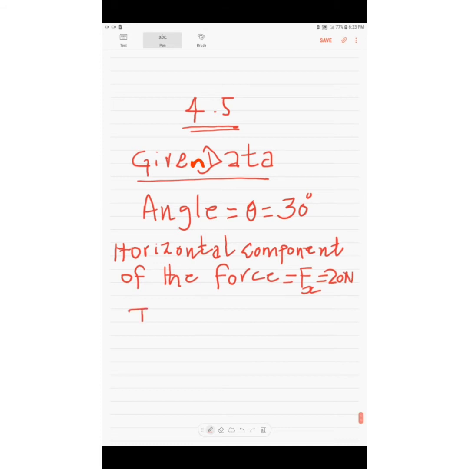To find, underline it, force F, put question mark.